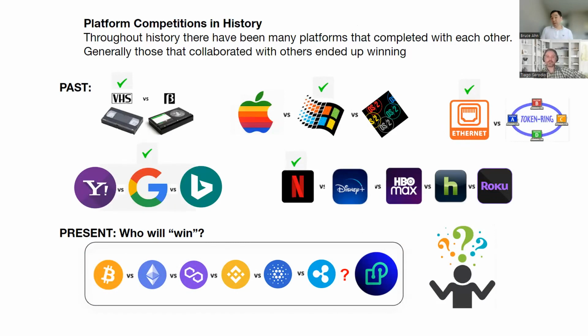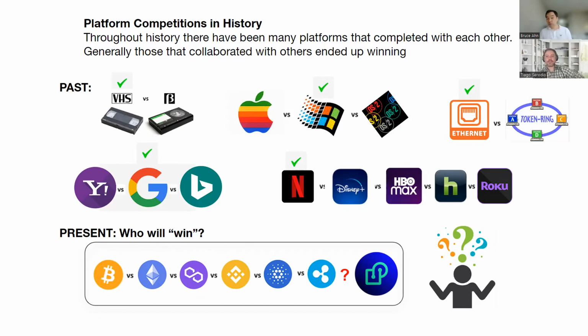So when you examine these types of platform competitions in history, you can find many different examples. If you're old enough, you'll know VHS versus Betamax, or the desktop wars. You have Macintosh versus Windows versus, I don't know if anybody remembers, the IBM OS/2s, right? And then in the 90s and the 2000s, you had infrastructure wars between Ethernet and Token Ring, and maybe FDDI in the picture, et cetera.